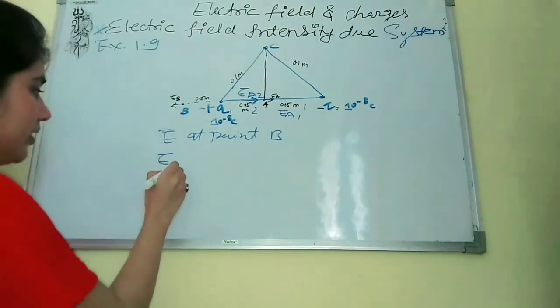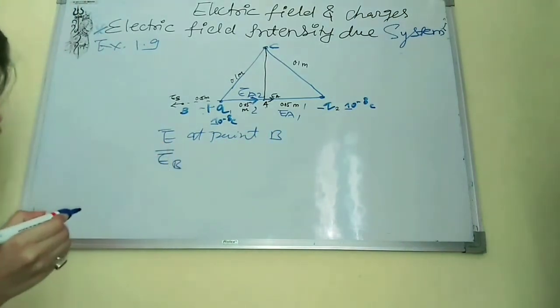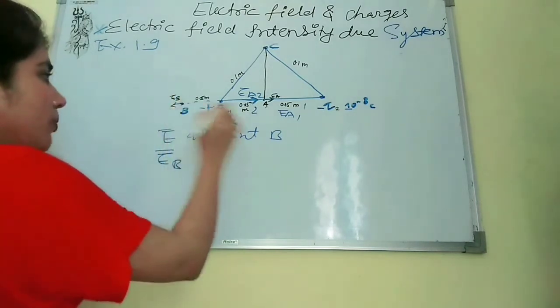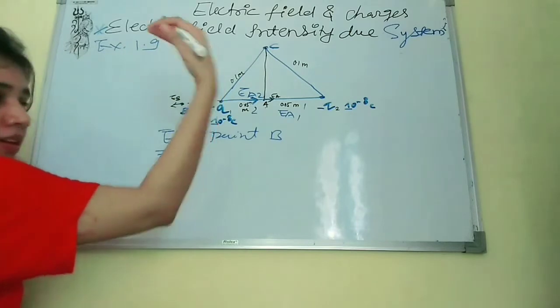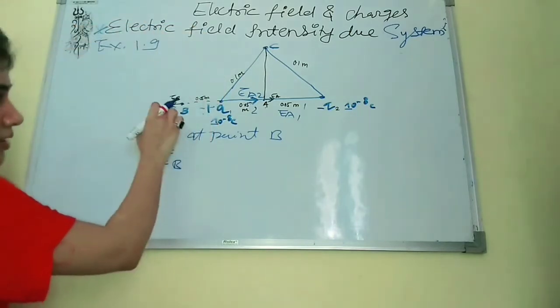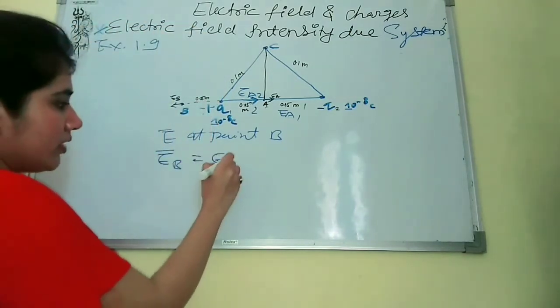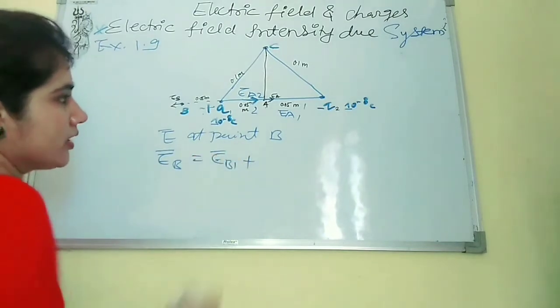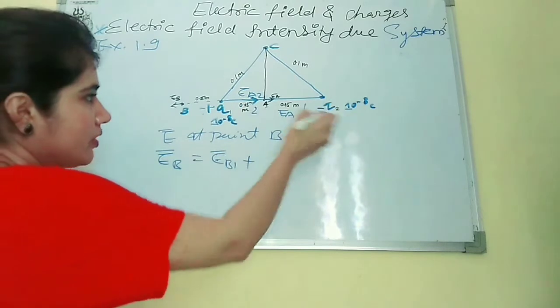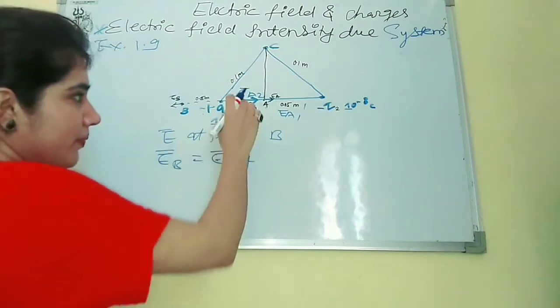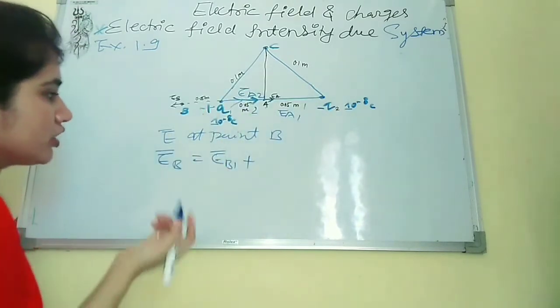So this will be EB. Now you are seeing the direction at this point. Because of this plus Q charge, obviously the direction will be towards the charge. So that will be EB1. And for this direction, because of this charge, the direction will be towards the charge.